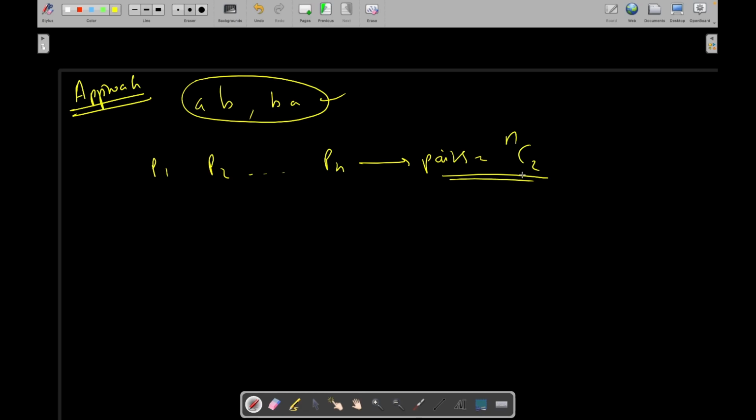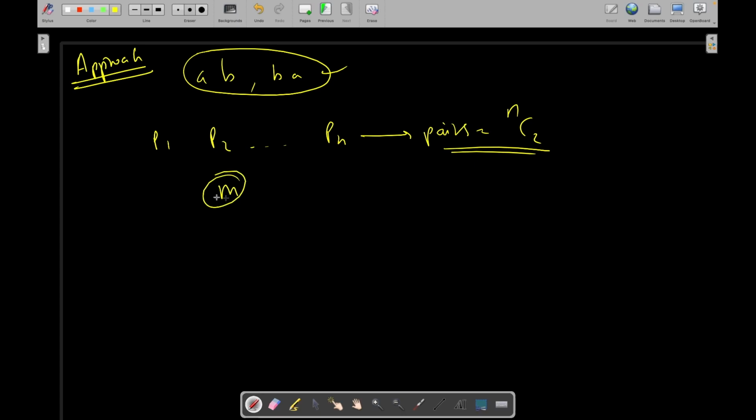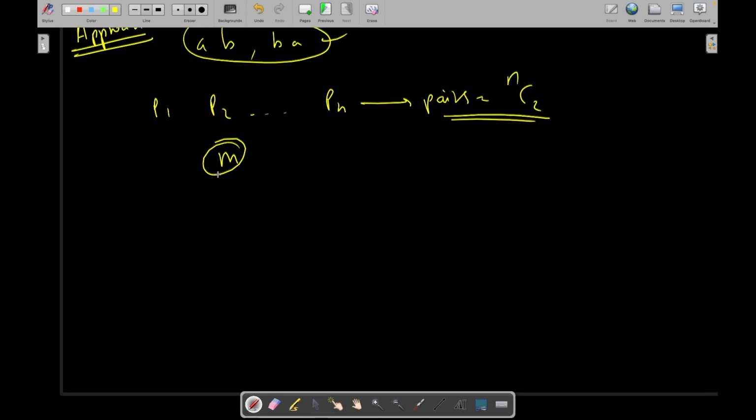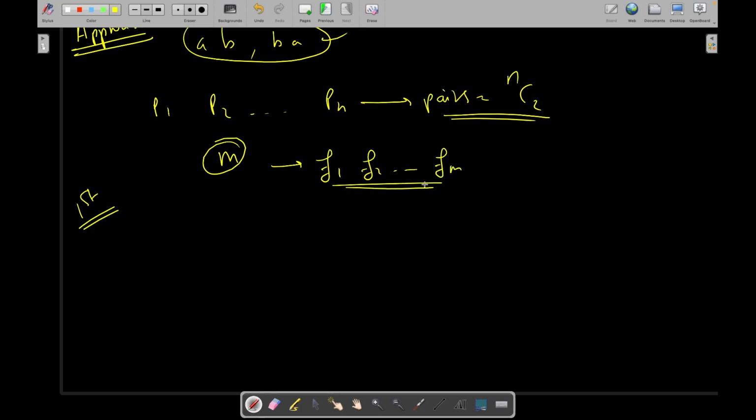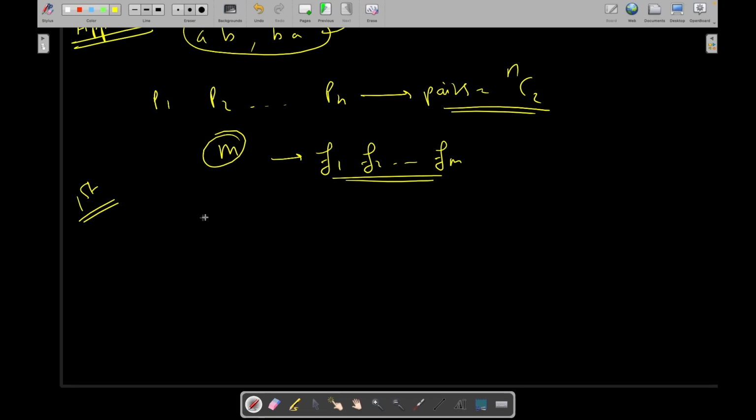This is the number of pairs that I can form, and out of these I have m friends. Like if I was going on one excursion, let's say on my first excursion, if k was equal to 1, and let's say I have friendship values of f1, f2 till fm, then there will be a total of these many pairs, and there are only m friends.